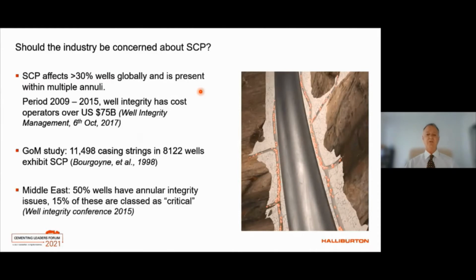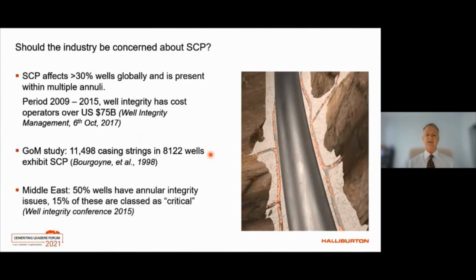A study was performed during the period of 2009 to 2015, a period of 6 years, and the study concluded that well integrity has cost operators over 75 billion US dollars.